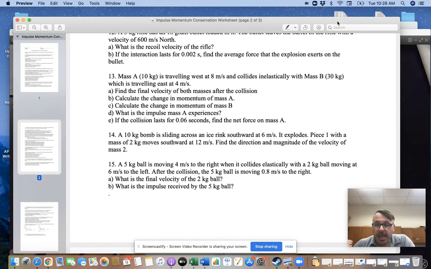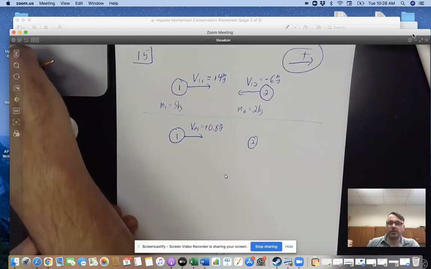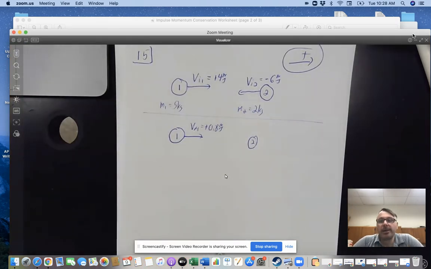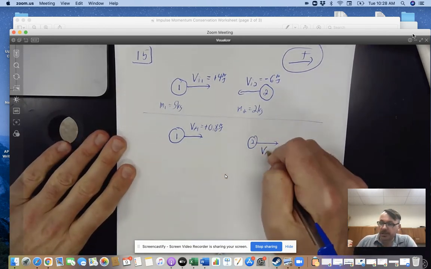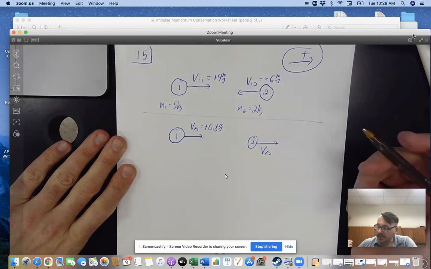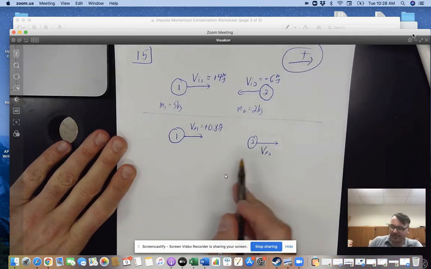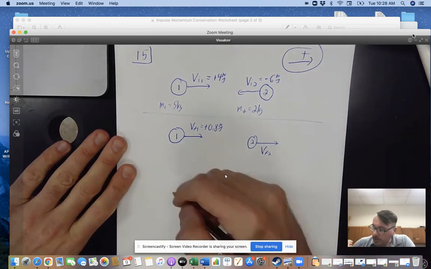We know VF1 is a positive 0.8 meters per second. So I'll just go back to our diagram, and that's what I have. I want to know what VF2 is. I'm going to assume VF2 is to the right because it just makes sense. Otherwise, it would have to travel through mass 1, which would make no sense.